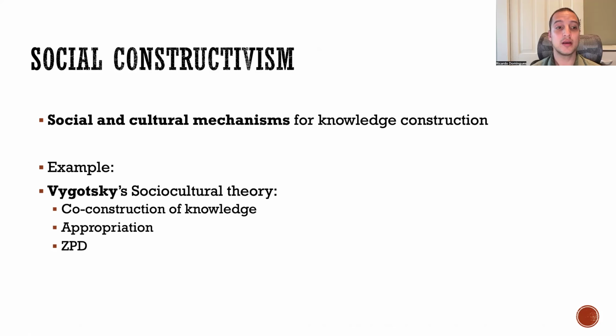If you remember, when we were discussing cognitive development, we saw that Vygotsky's sociocultural theory claimed that people learn by the process of co-constructing knowledge through social interactions and then appropriation of knowledge. That happens in the ZPD, the zone of proximal development. Since Vygotsky is talking about social mechanisms for knowledge construction, Vygotsky's theory is well aligned with the social constructivist perspective.